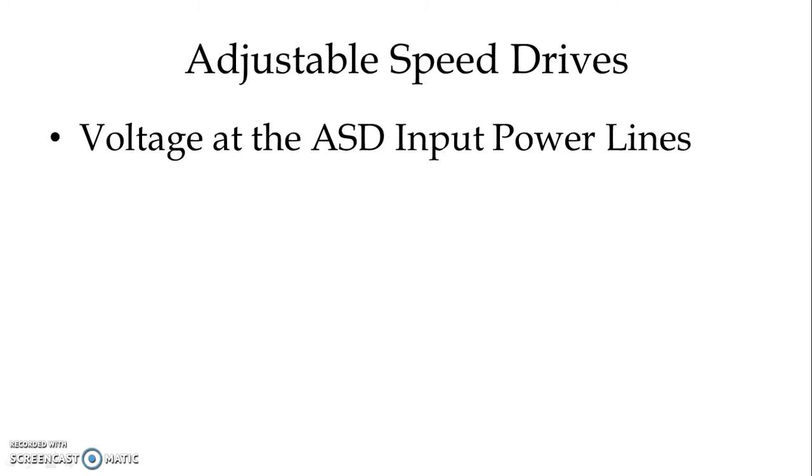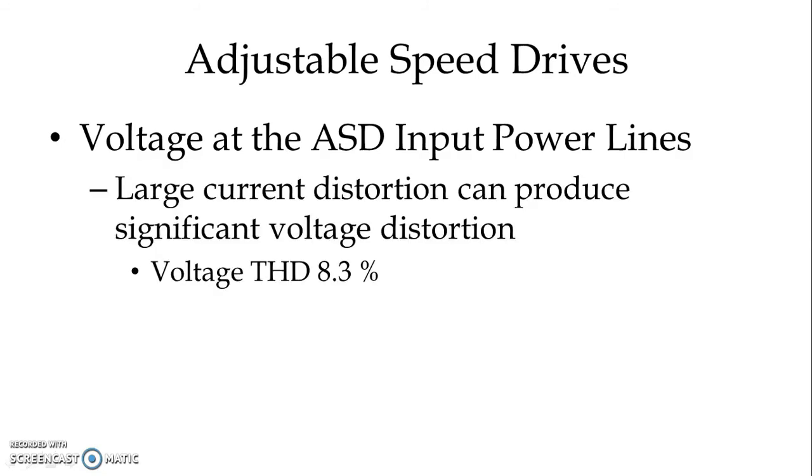As we discussed earlier, non-linear loads generate current harmonics, but because of system impedance, current harmonics are transformed into voltage harmonics. Now let us see the voltage harmonics at the input power lines when the adjustable speed drive is operating at 60 Hz. Large current distortion can produce significant voltage distortion.